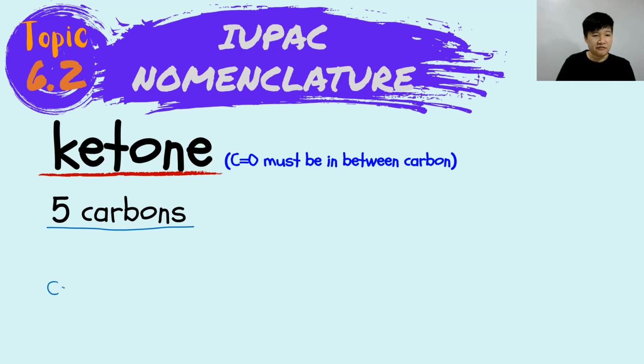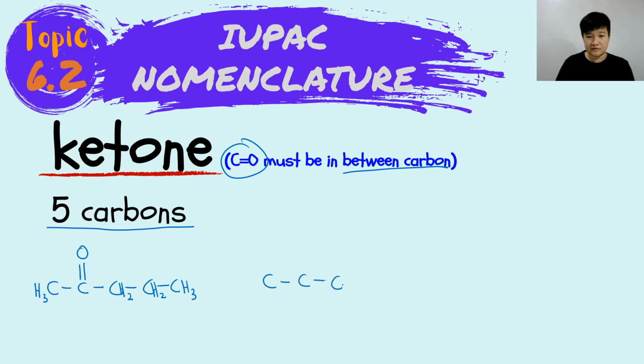Start off with the first 5-carbon. Knowing that your ketone, your C double bond O, must be in between carbons, the first in-between carbon is over here. Complete the hydrogen. Another arrangement for the 5-carbon: the C double bond O can be moved to the center. Same thing, complete the bond.